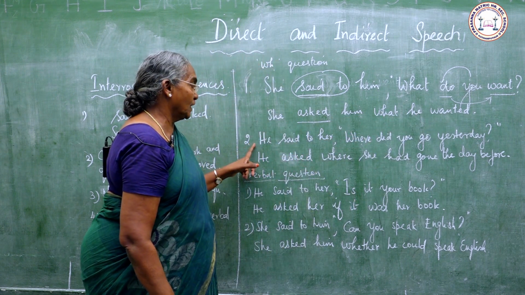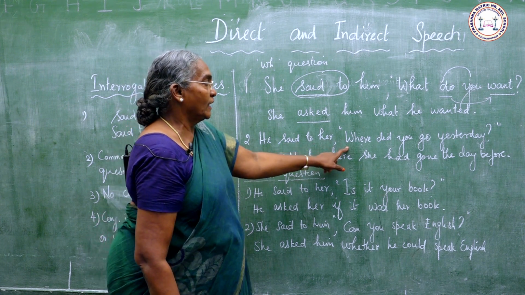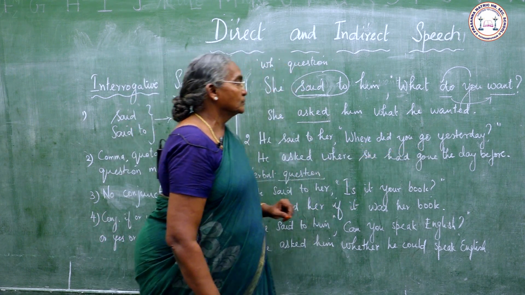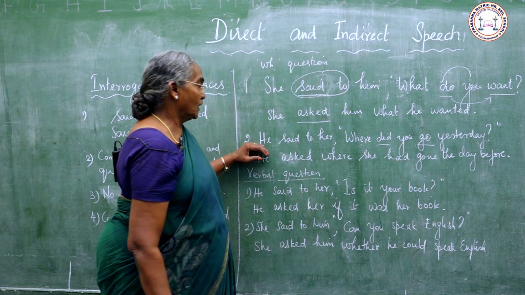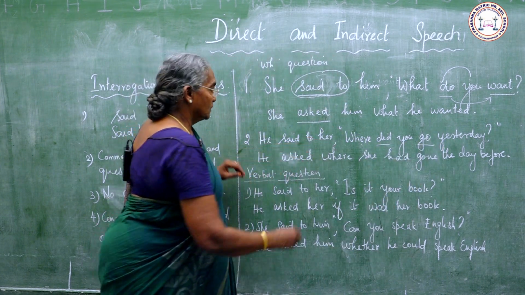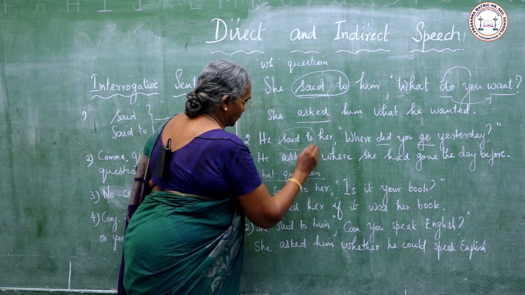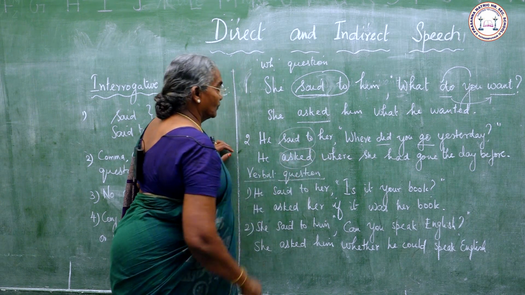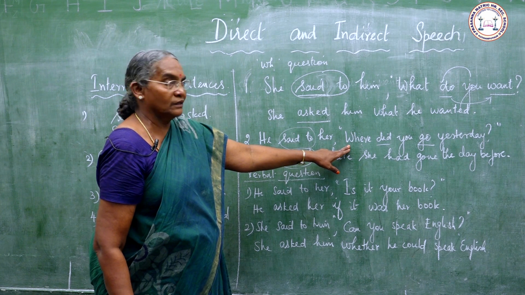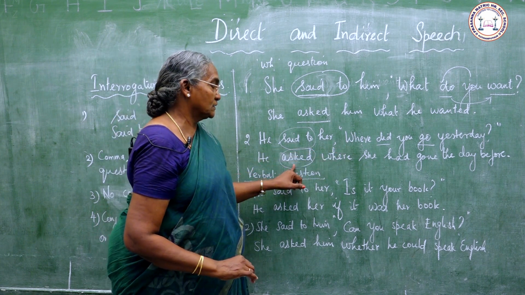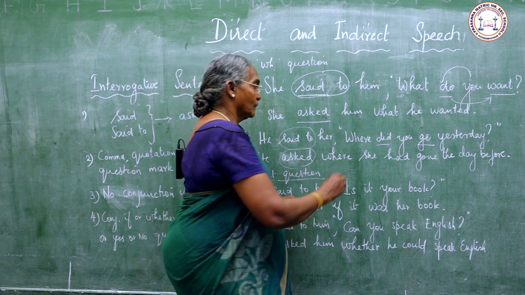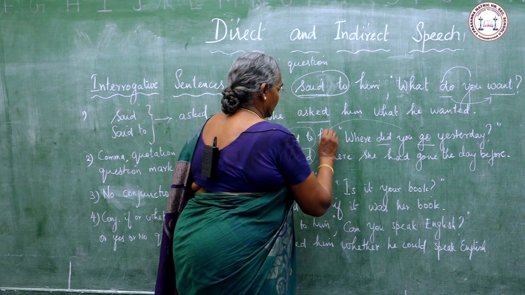Next sentence. He said to her, "Where did you go yesterday?" Here it is past tense. Said to will be changed into asked. It is a WH question, so we don't add any conjunction. He asked where, the you refers to she.